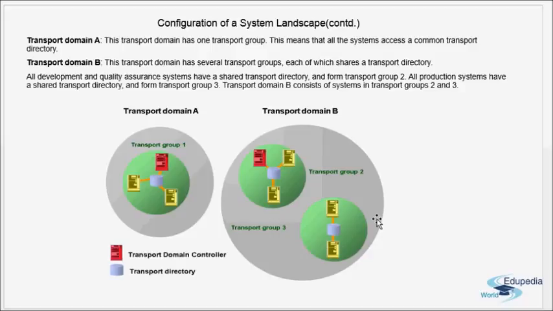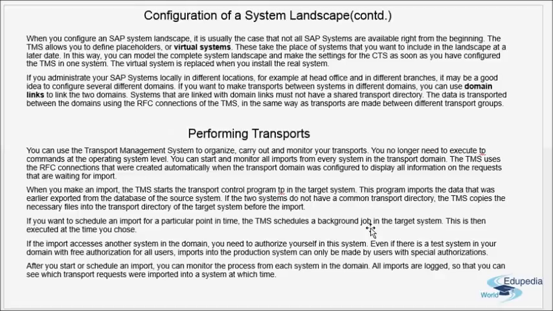To do an import in a system, SAP should find in the transport directory of that system the file for that particular change request. Every change request has some import files at the OS level. So that's how imports take place.